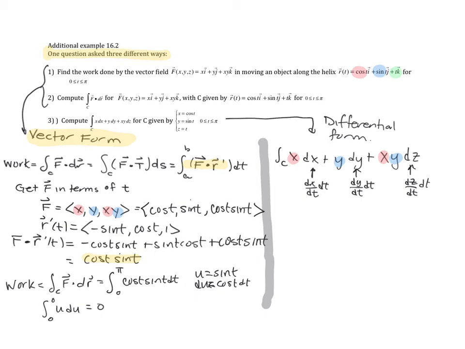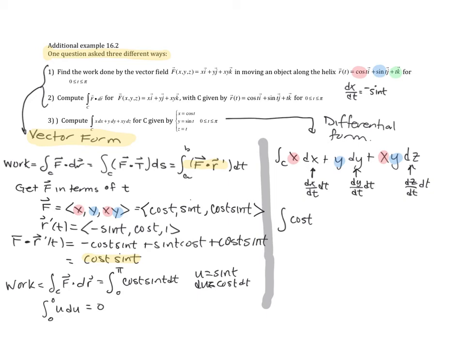As we saw when we were doing section 16.2, the first part, we put these all in here, and then the dt, we just factor that all the way out to the right so that we have one integral with respect to t. So we get x, which is cosine t, dx/dt, the derivative of cosine, so minus sine of t.